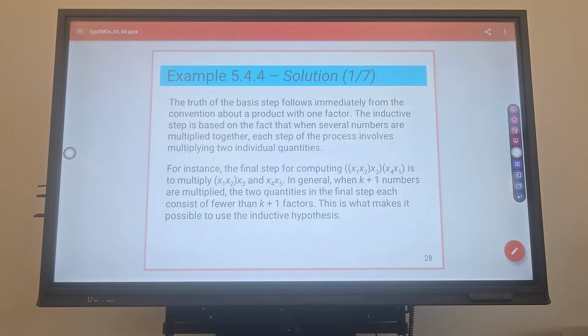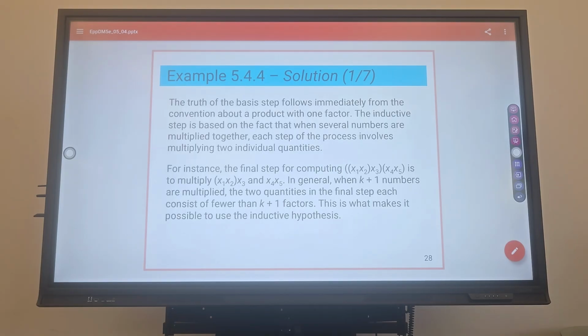So, the truth of the basis step follows immediately from the convention about a product with one factor. The inductive step is based on the fact that when several numbers are multiplied together, each step of the process involves multiplying two individual quantities.